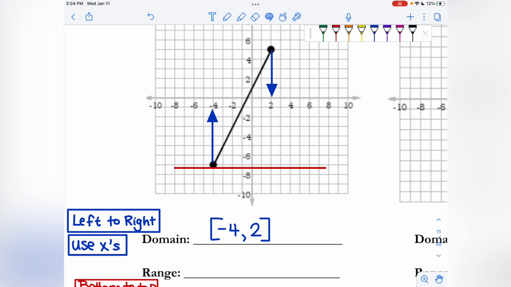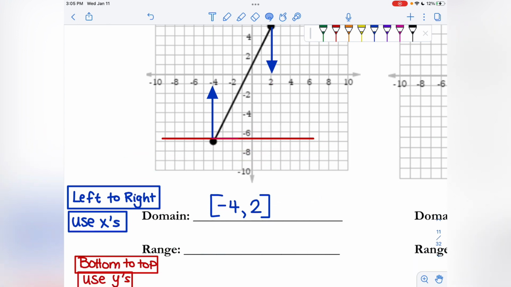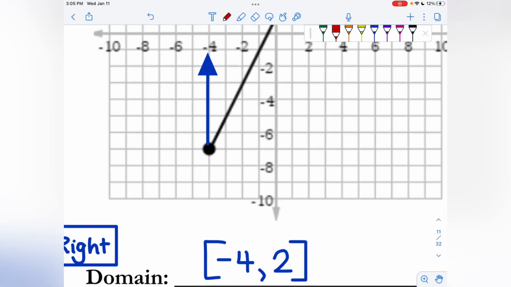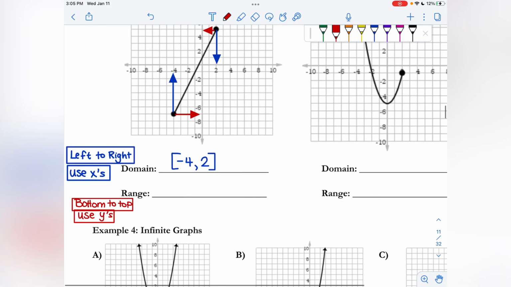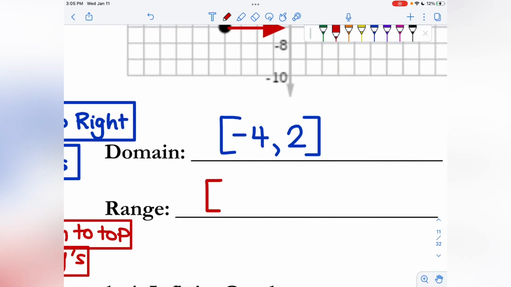Well, it starts from the bottom, and now it's here. Okay, lame joke, but you guys hopefully get it. So from the bottom, we start here. The question is, what's the y value there? The y value is -7. And then the top is here. And what's that y value? It's 5. These are filled in circles, so we get brackets. So it's -7 until +5 for the range.